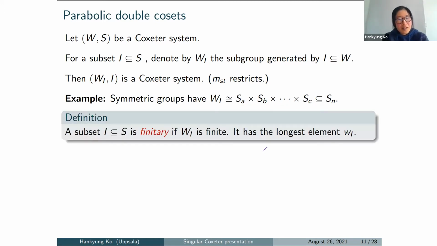Okay, and we say a subset I in S is finitary if the parabolic subgroup generated by it is finite. And this will be an important restriction for us. And as noted before, since it's finite, it has a longest element and it will be denoted by W_I.